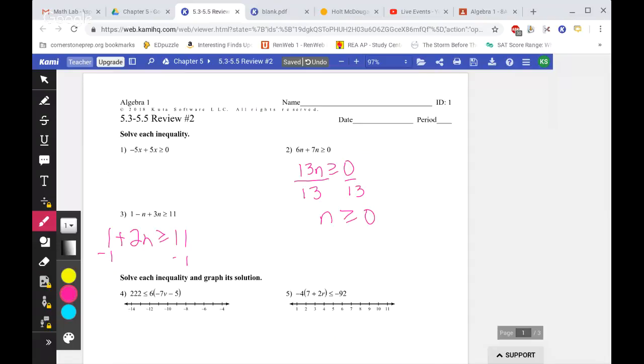Subtract 1 from both sides, and now I've got 2n, it's hard to see, sorry about that, is greater than or equal to 10. Then you divide both sides by 2, and I've got n is greater than or equal to 5. Okay, thank you. Uh-huh.